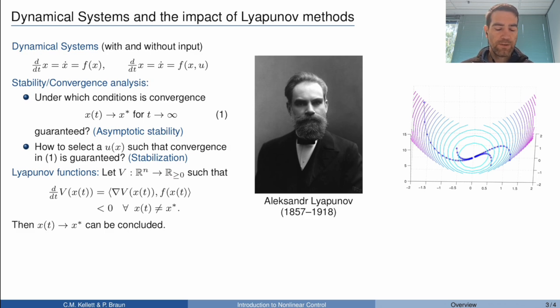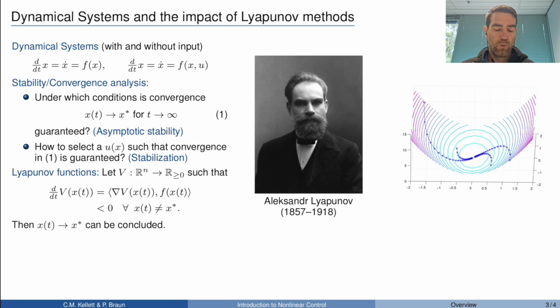And now if we evaluate the solution of our dynamical system along our Lyapunov function, then that should be decreasing. So kind of representing some type of energy, and the energy should be decreasing. If that's the case, then we can conclude that our state x of t is converging to x star.